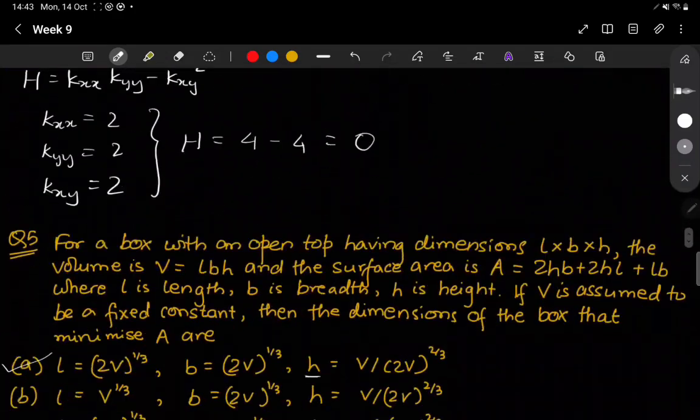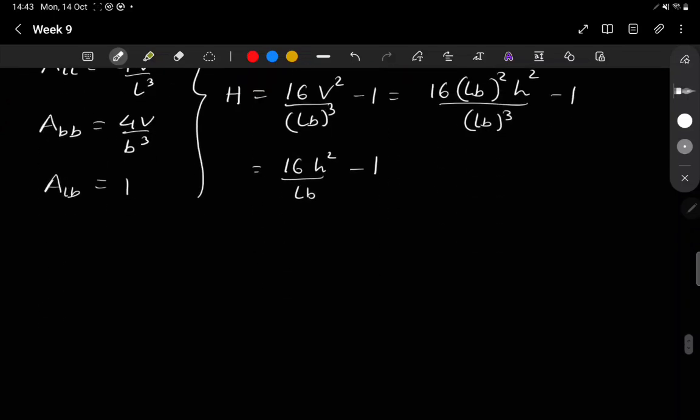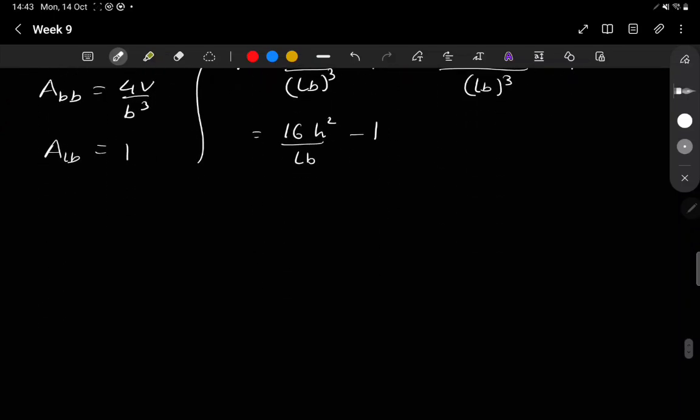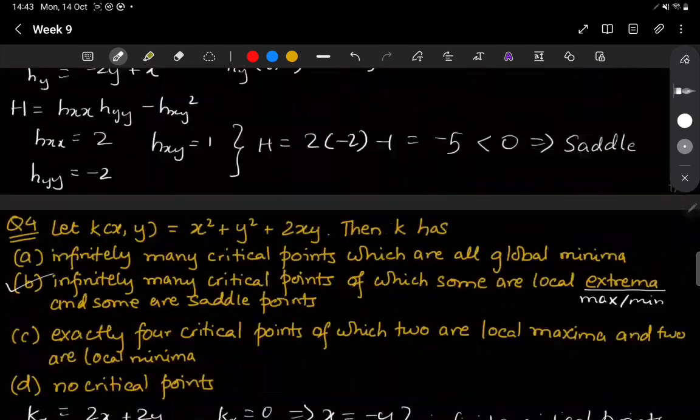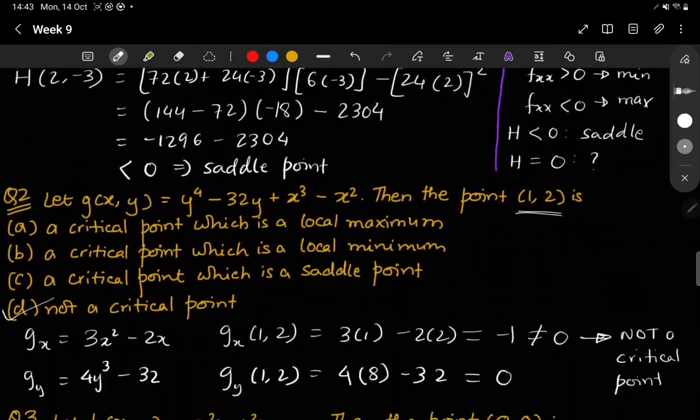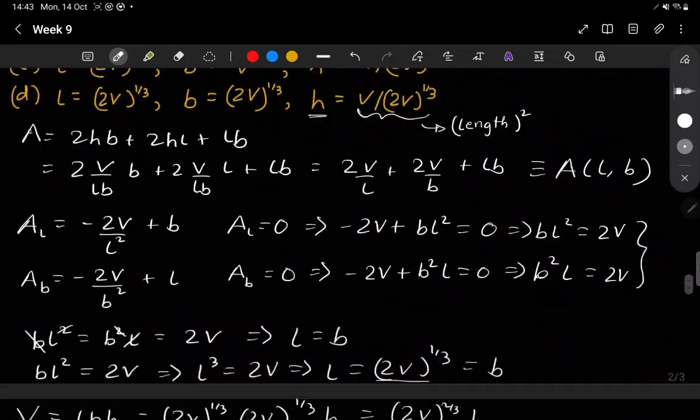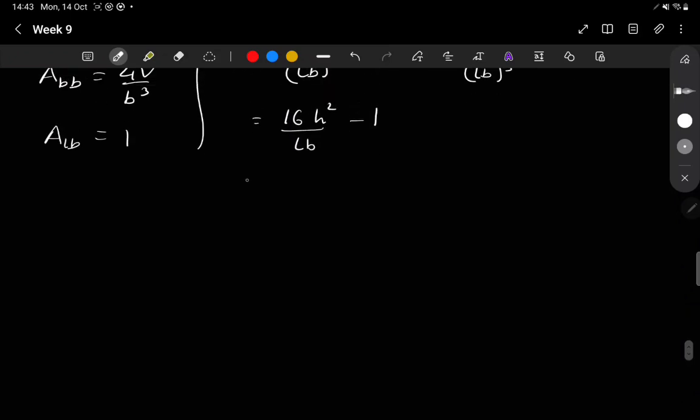And we can consider a situation in which H is very large and it's greater than L and B. So in that case we can say that this Hessian will be positive, and what we have is that ALL is positive, so this gives us minimum.